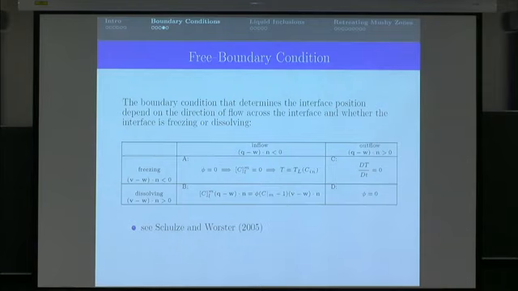Another special case is if you have a dissolving interface, but you've got flow out of the mush. In that case, the concentration is continuous due to the way information goes along solute characteristics. And so the left-hand side of this equation vanishes, and the free boundary condition, if you like, becomes solid fraction equals 0.